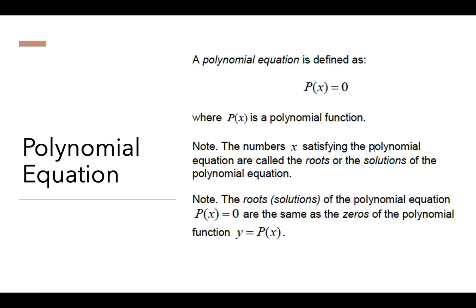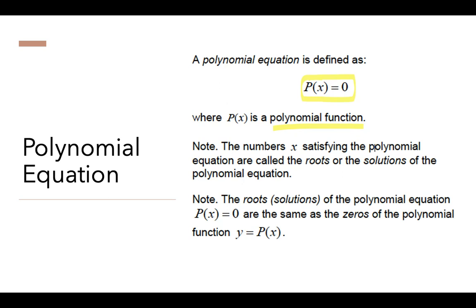First, we need to understand what a polynomial equation is. A polynomial equation is defined as when you have an expression that is equal to 0. So this is a polynomial equation. P of x we represent as polynomial.